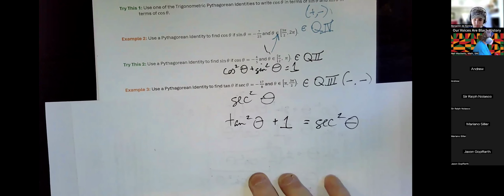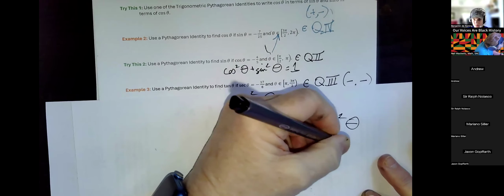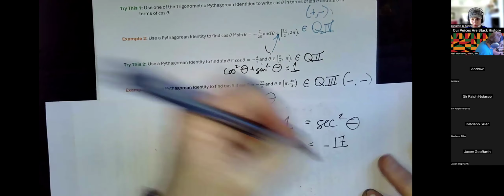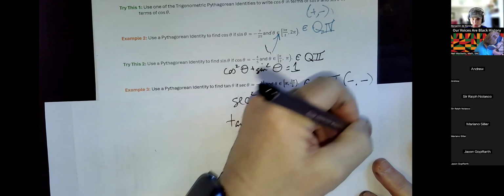Okay, so how can I use this identity to find tangent if I know secant? Substitute secant squared with what we know secant to be squared. All right.